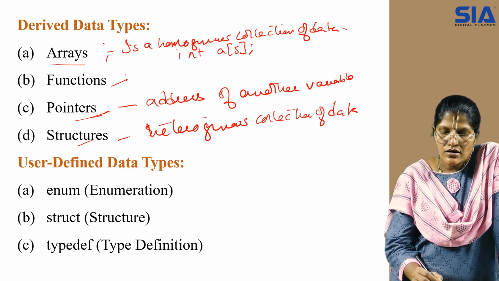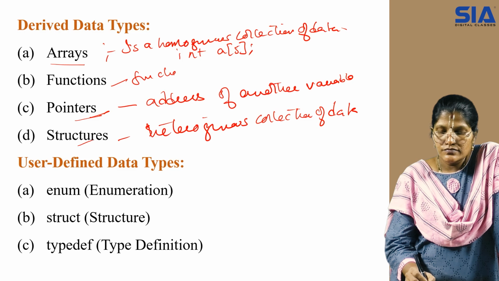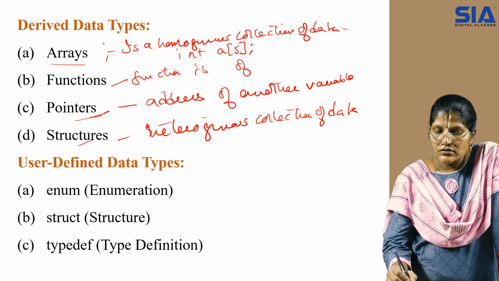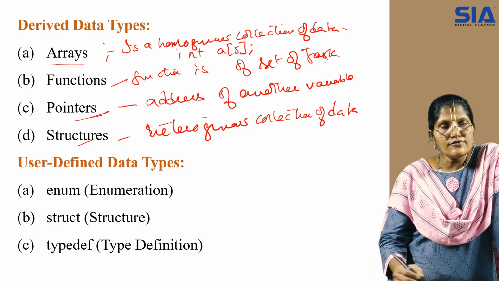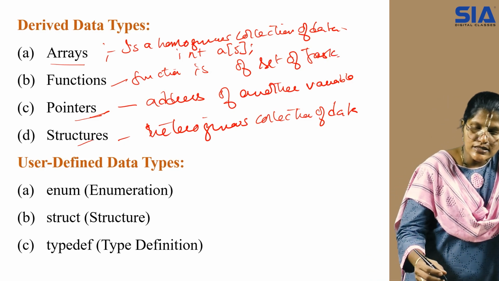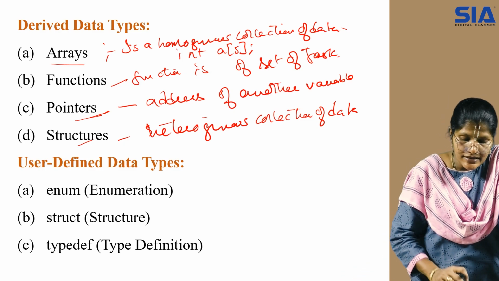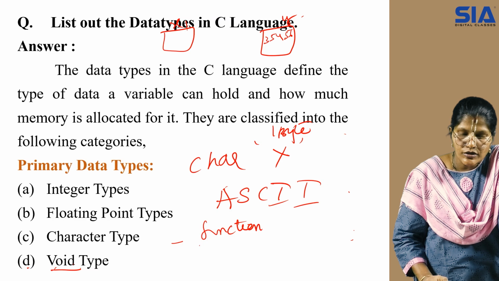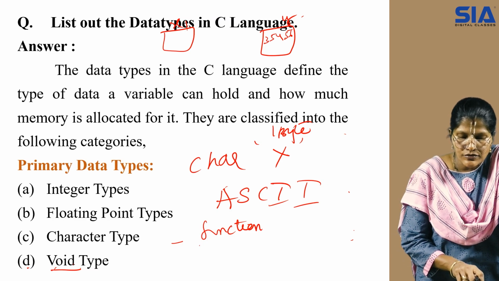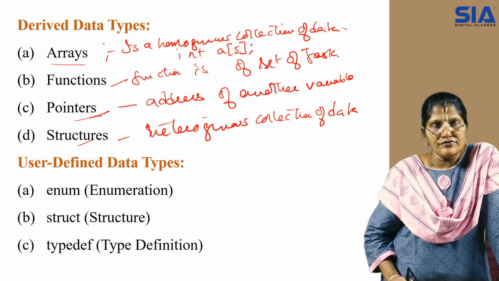Now what is a function? A function is a set of tasks to be performed which will return some output to the user. So these are the derived data types, which are derived from the primary data types. Keeping in view the primary data types, we use them in the derived data types.